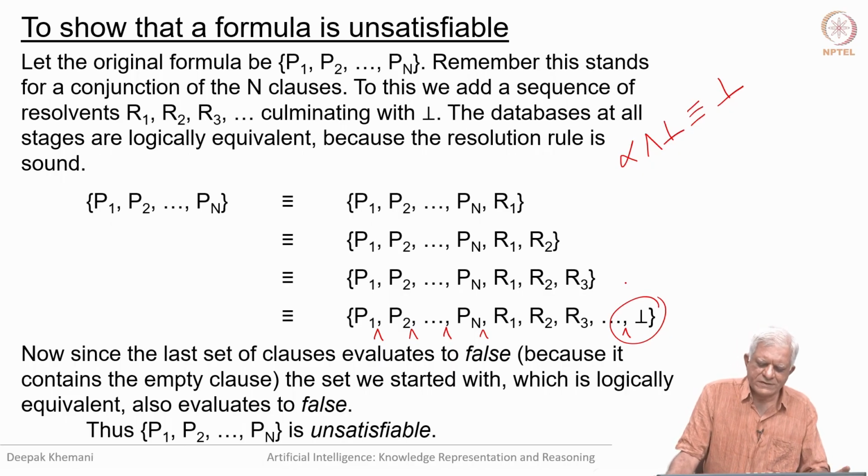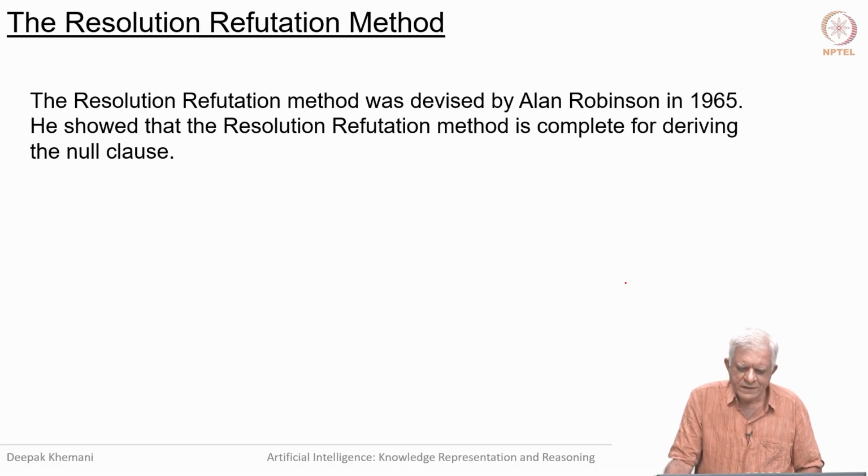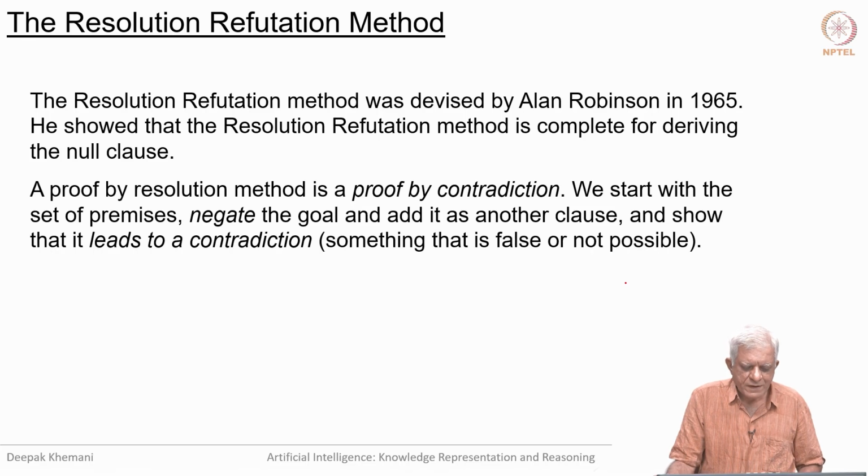So, this is the resolution refutation method. It was devised by Alan Robinson in 1965. He showed that the resolution refutation method is complete for deriving the null clause essentially. A proof by resolution method is a proof by contradiction. We have already said that.